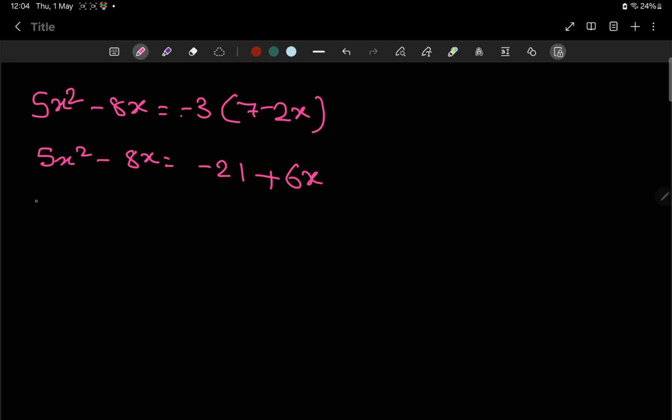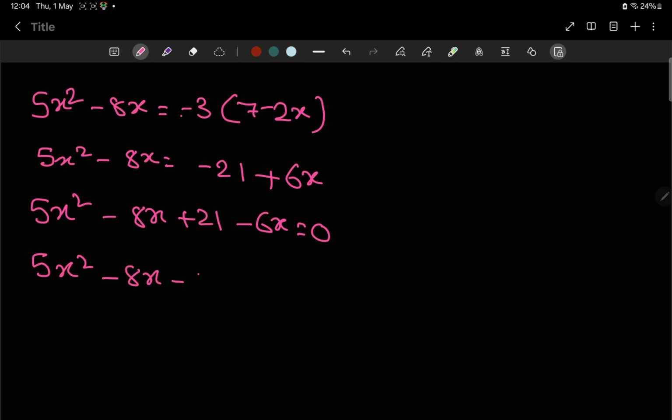So let's transpose this side. 5x square minus 8x, minus will become plus 21 and minus 6x is equal to 0. Now simplify. 5x square minus 8x minus 6x plus 21 is equal to 0. Minus and minus is plus, but the symbol will be minus.